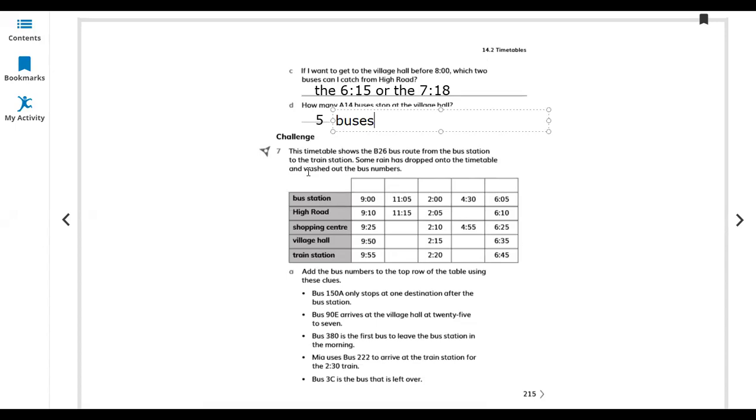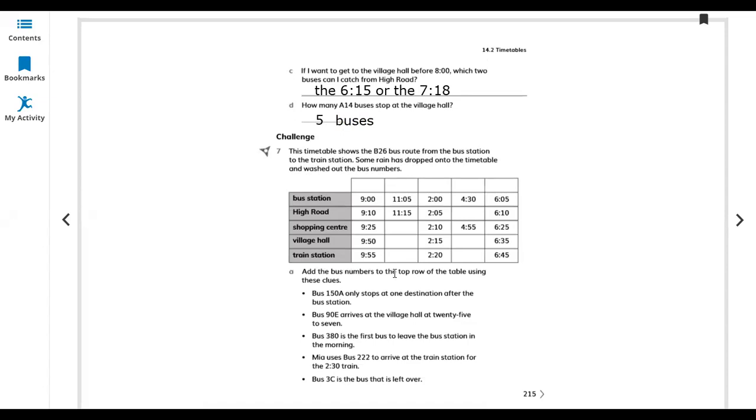Question 7. The timetable shows the B26 bus route from the bus station to the train station. Some rain has dropped onto the timetable and washed out the bus number.